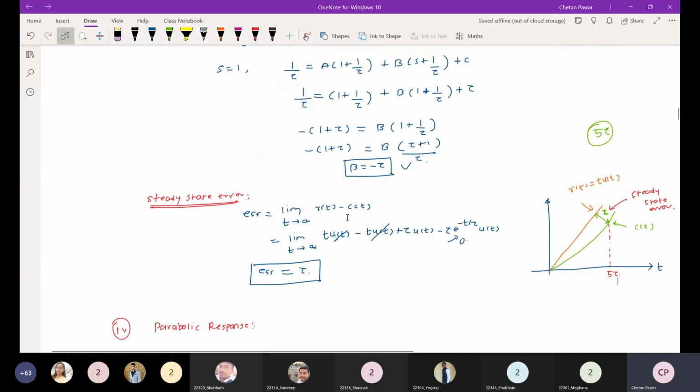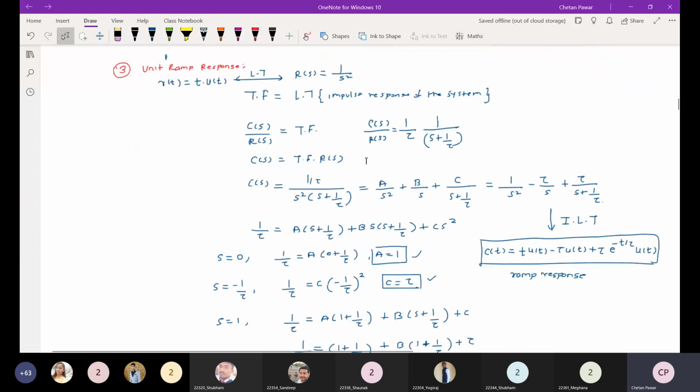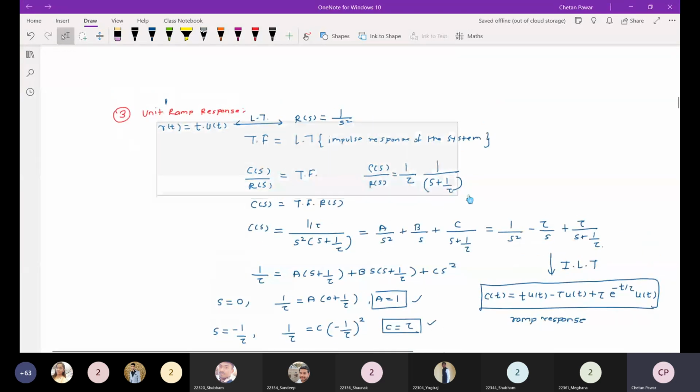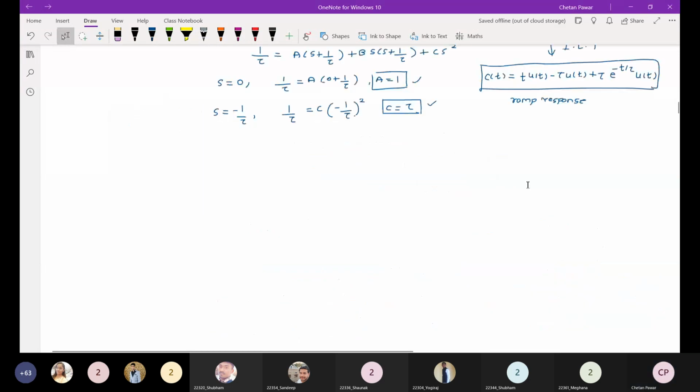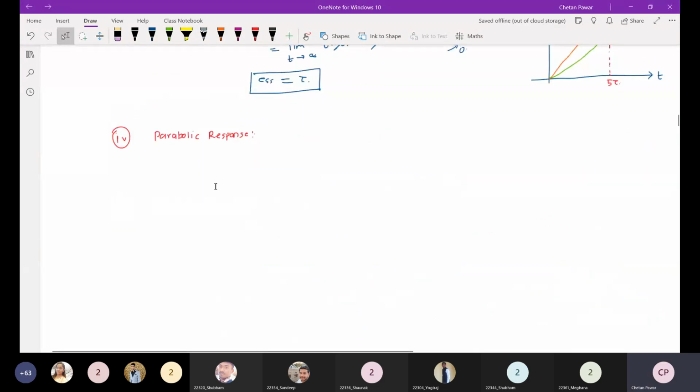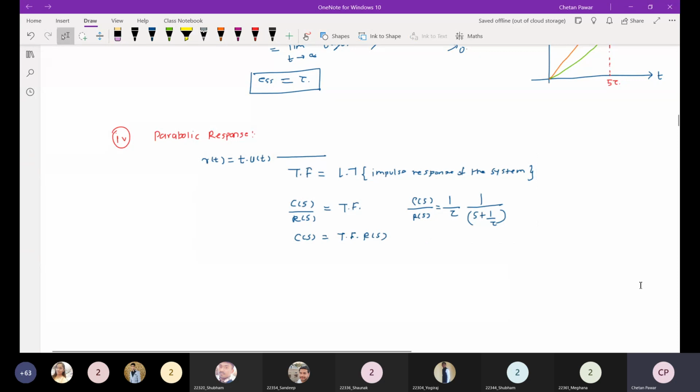Okay, so I will just take this, it will be the same, only the input signal will change. So here that signal will be t squared by 2, it will be t squared by 2 u(t). The Laplace transform, that will be R(s), that will be 1 upon s cubed, right?